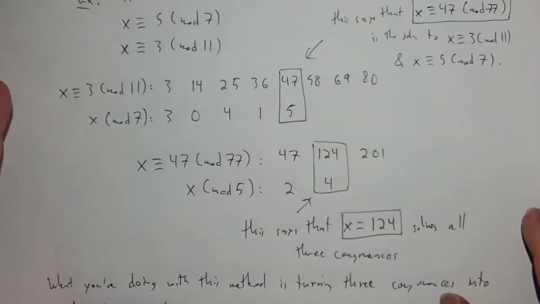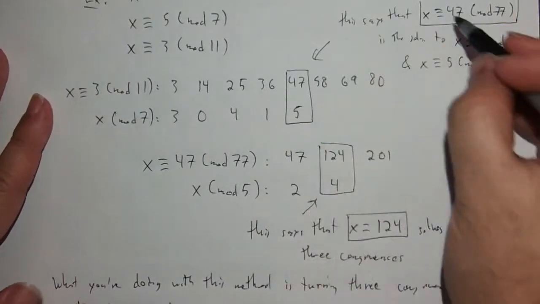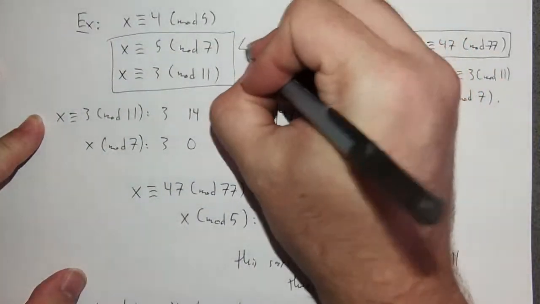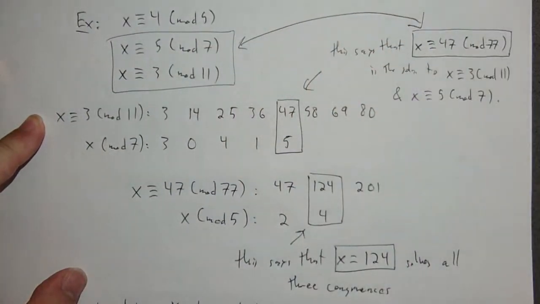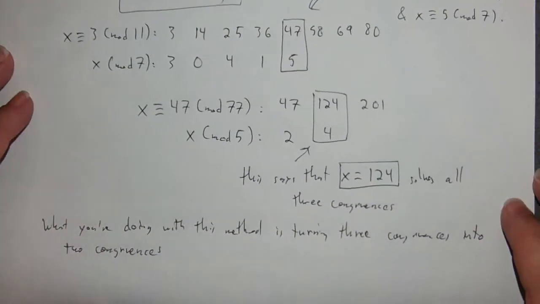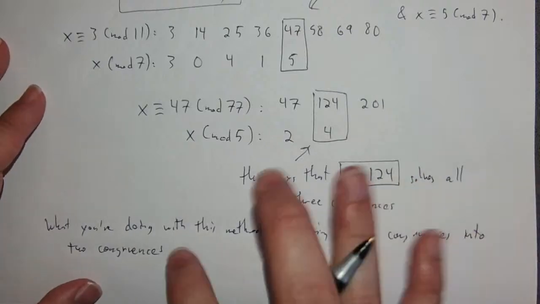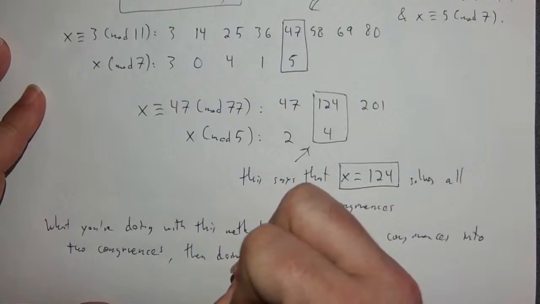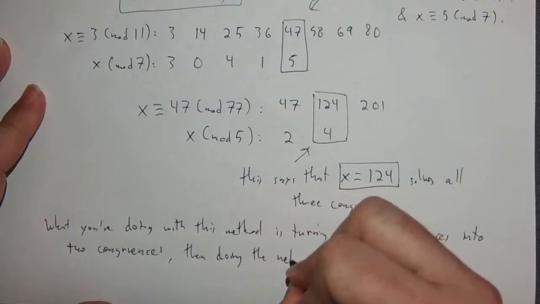That's what you're doing at this step here. So these 2 congruences get wrapped up into this congruence. So what you're doing here is you are turning 3 congruences into 2 congruences, then doing the method from the previous example.